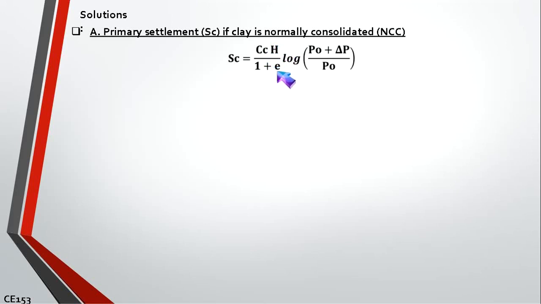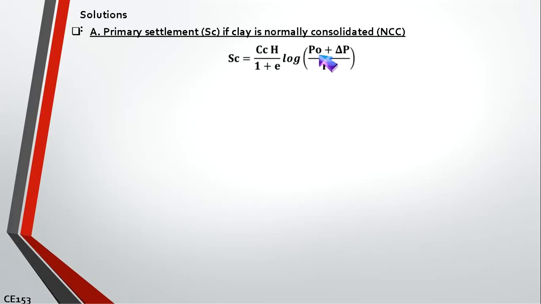The void ratio, e, is also given. What about our additional pressure and our effective P? Is it given? The additional pressure is given, but we don't have the effective pressure yet. So we cannot solve for the primary settlement since we don't have Po yet.